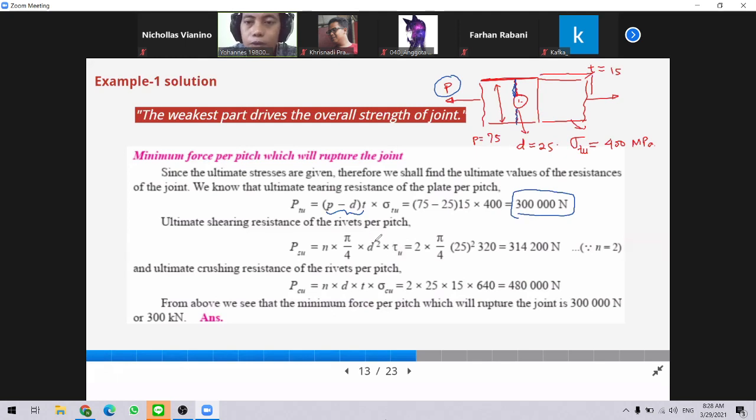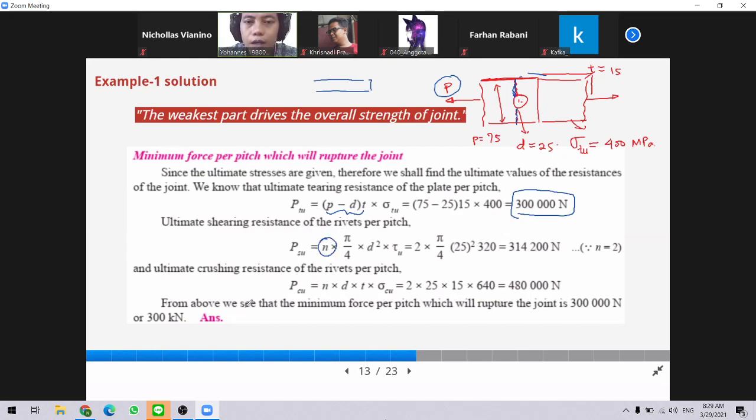And how about the shearing? Here we have single, oh, maybe this is not a single lap joint, because we have two here.